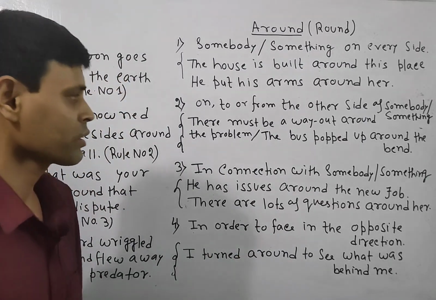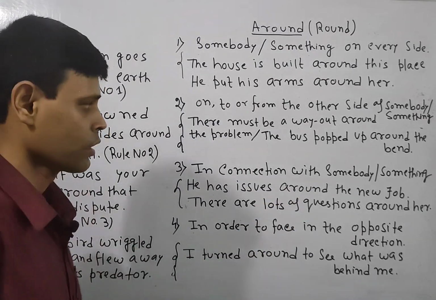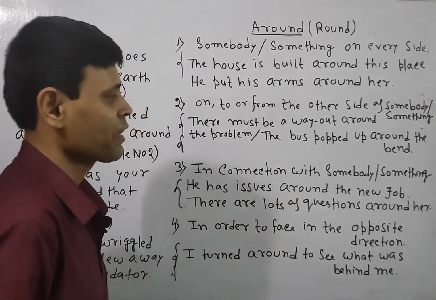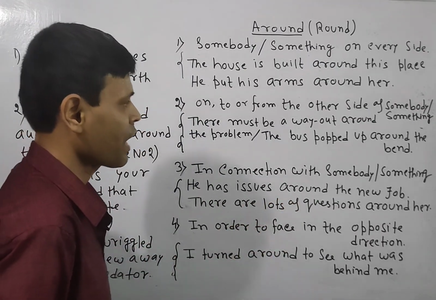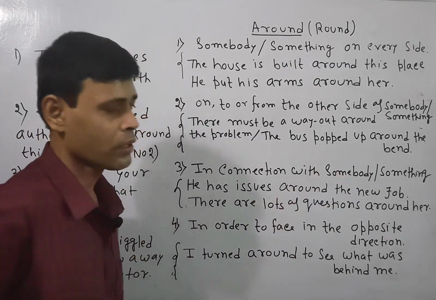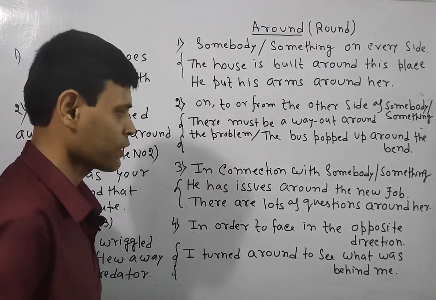Now if I go for the next example: the bus popped up around the crowd. The bus popped up, or appeared suddenly, from the other side of something. Here something refers to the bend or curve. So in this way you have to go for the proper selection.